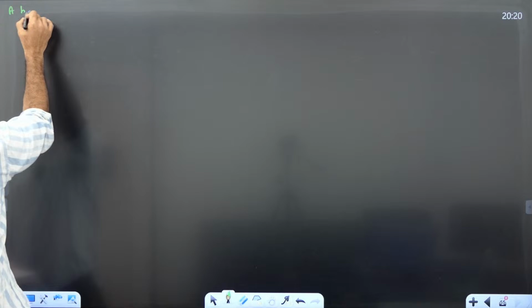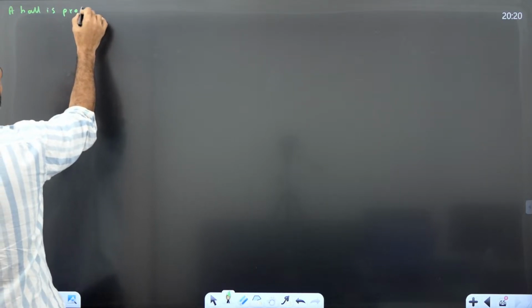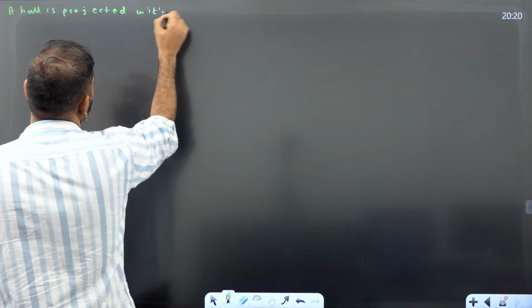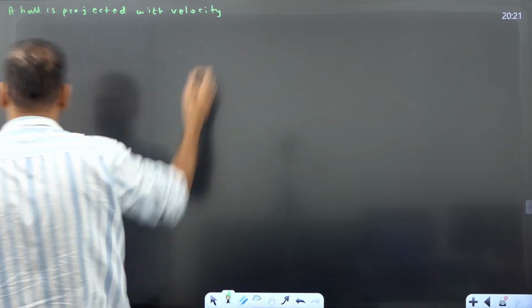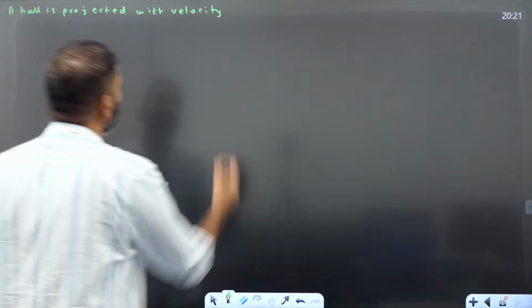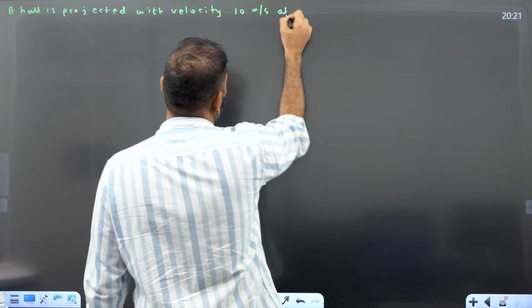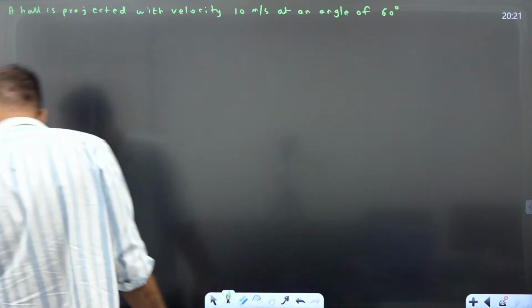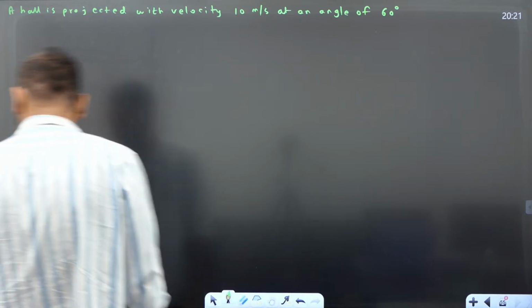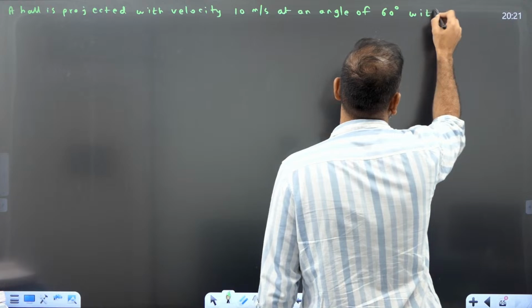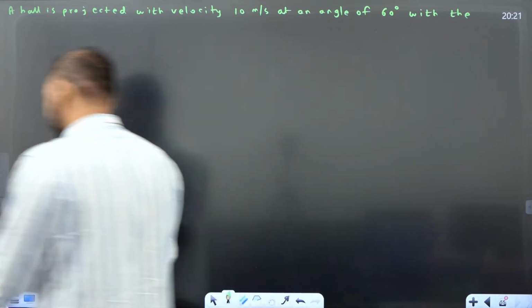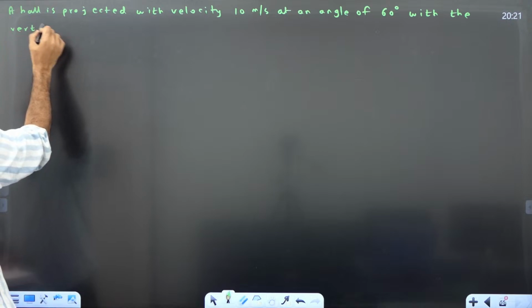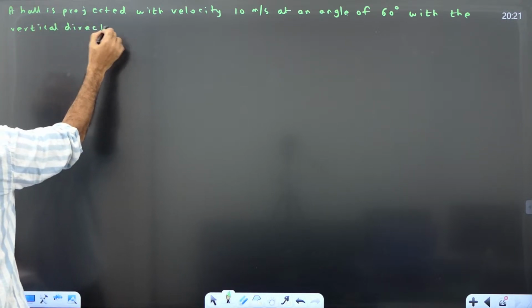A ball is projected with the velocity 10 meter per second at an angle of 60 degree with the vertical direction.